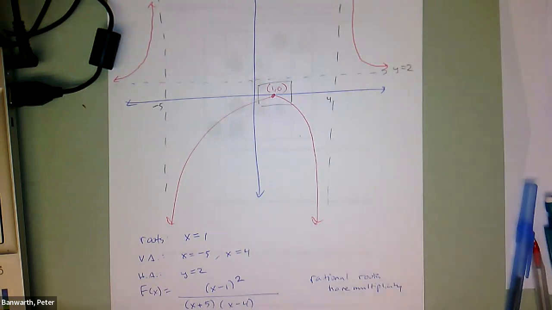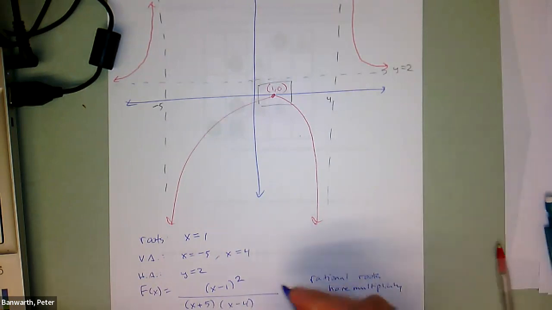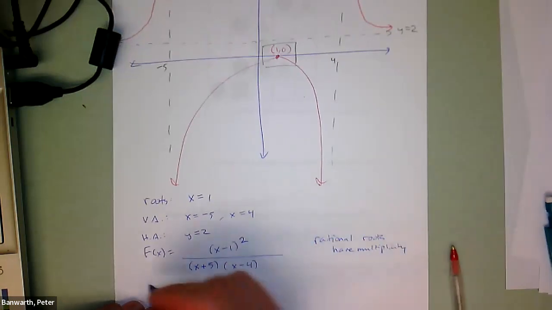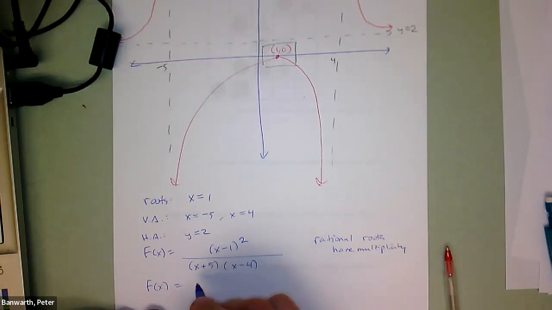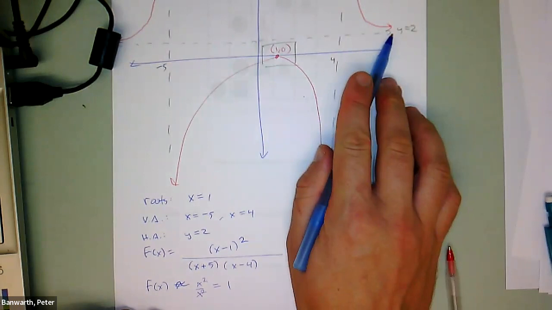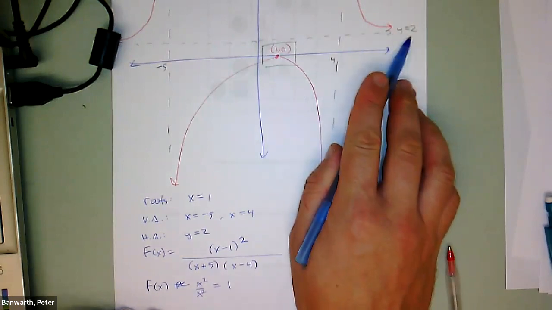Now when I think about what this function looks like, it's going to be similar to x squared over x squared, which is just 1. And the problem with this is my horizontal asymptote is at y equals 2.